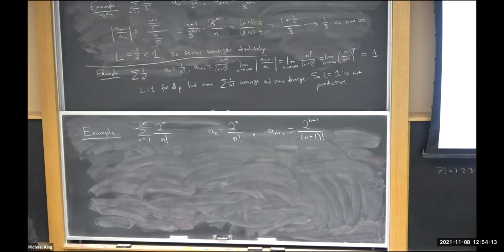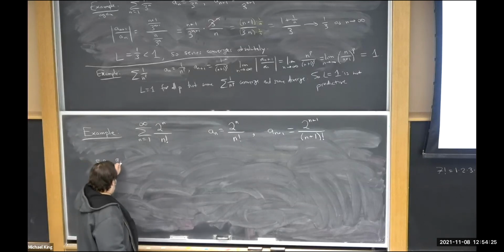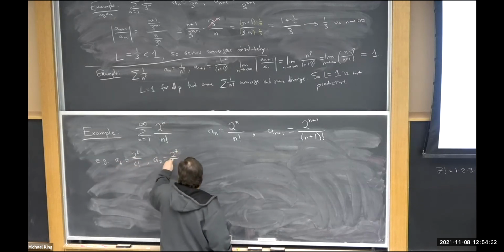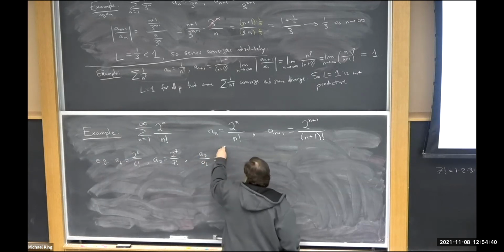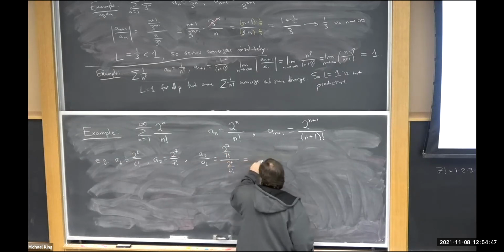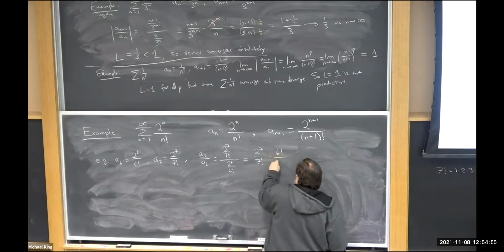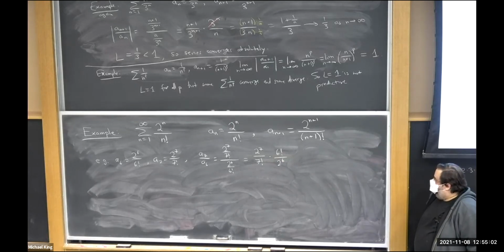If you're not sure, try a specific n value and see what happens. What does this cancel to?